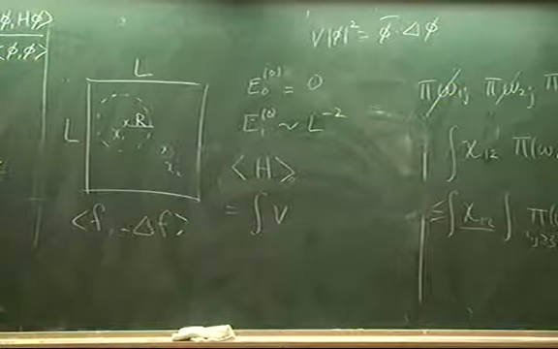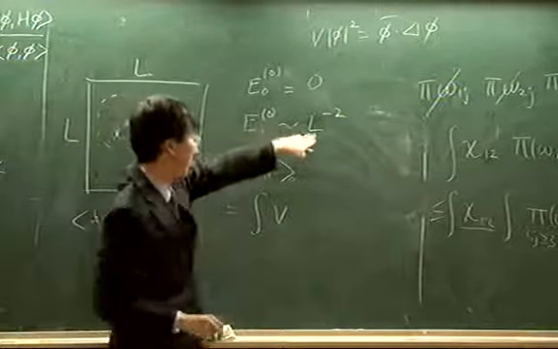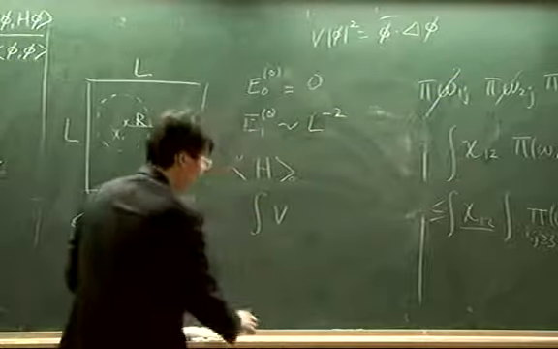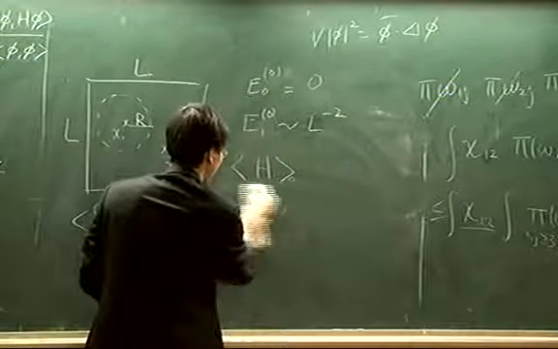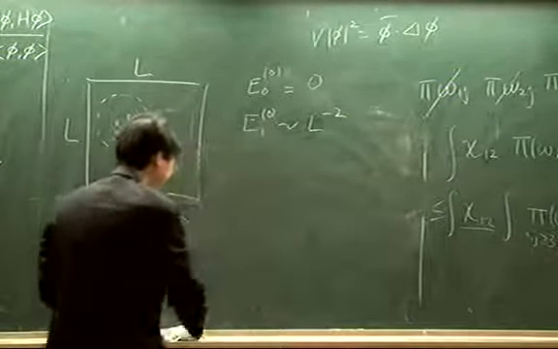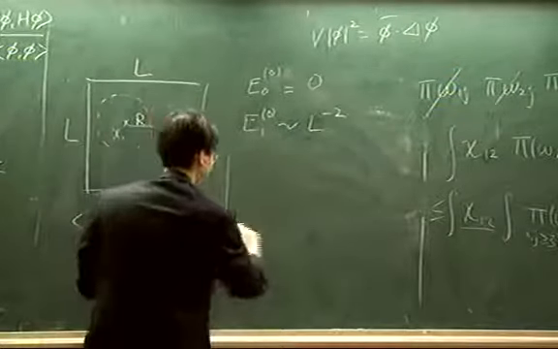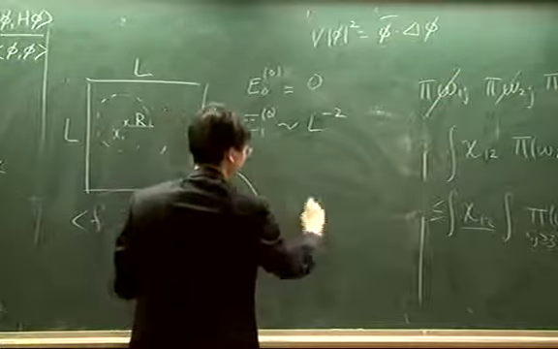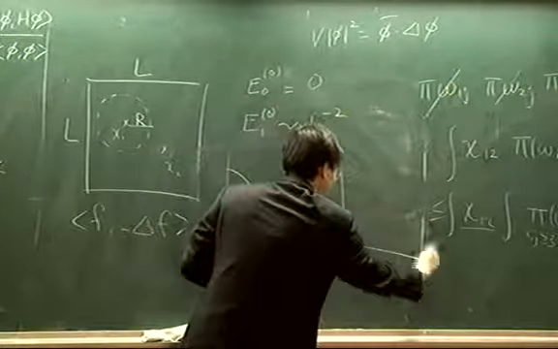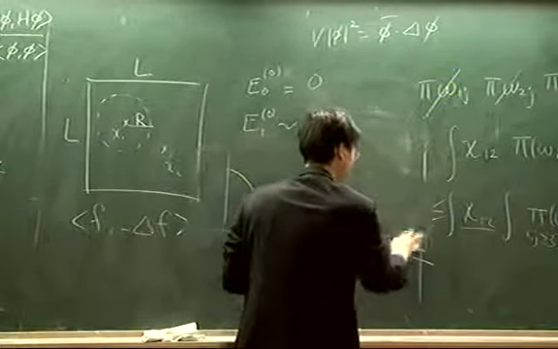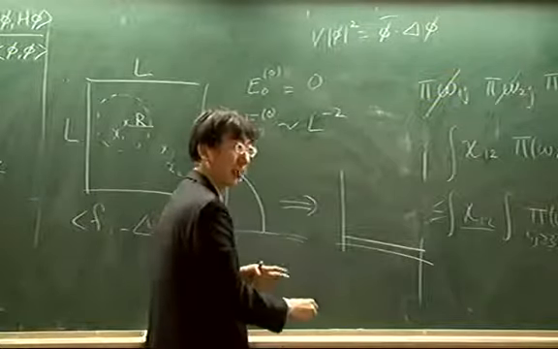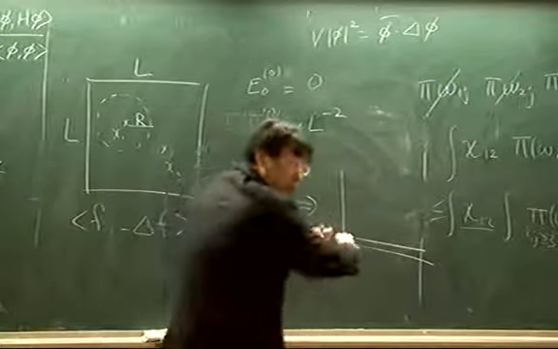When L becomes very large, this E1,0 will become very small, so that the perturbation doesn't make sense. So what we want to do is to flatten V. So this should be changed into this kind of potential. Very small, but long range.